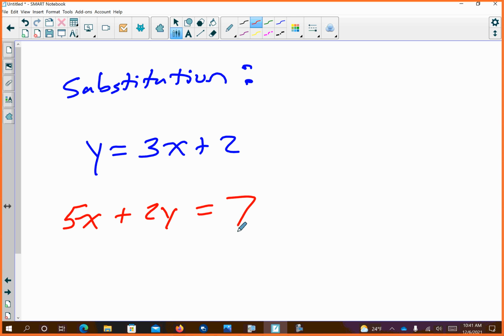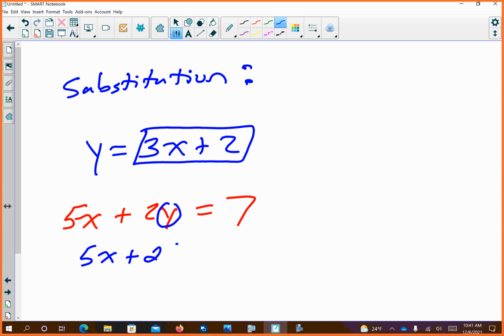Yeah, I'm going to take this blue one, and I'm going to replace it here. So I'm going to put 3x plus 2. And then I'm just going to put solve. And the reason I'm not going to work it out is because it's not going to come out to a nice answer. But that's basically the substitution item.